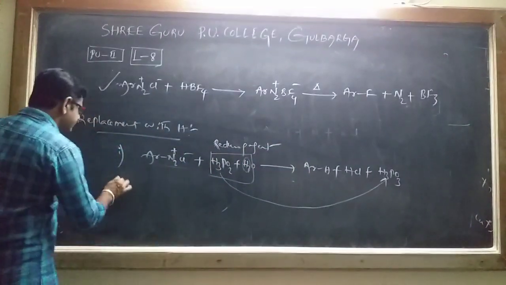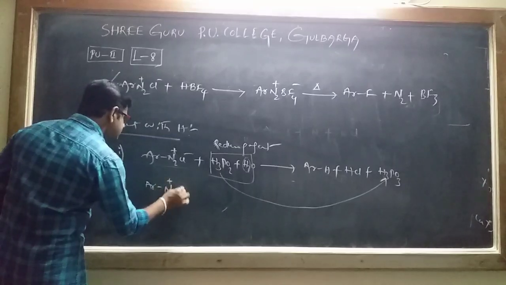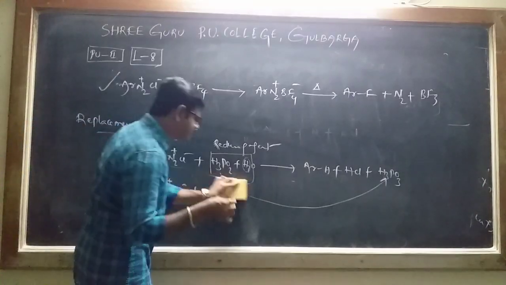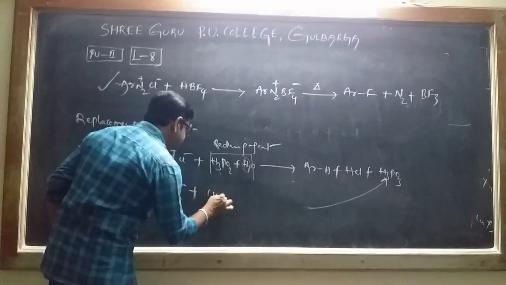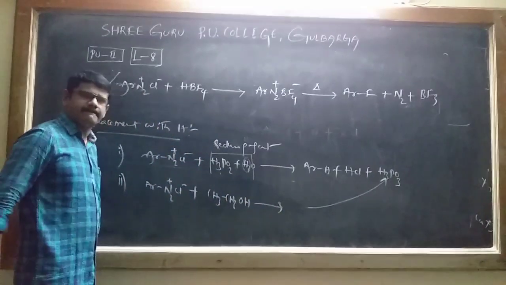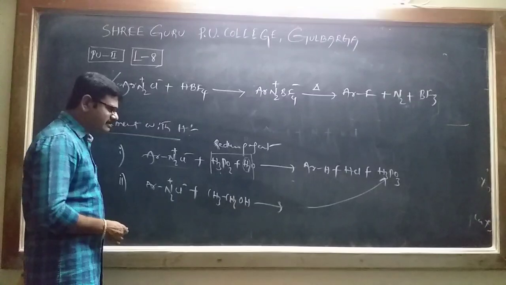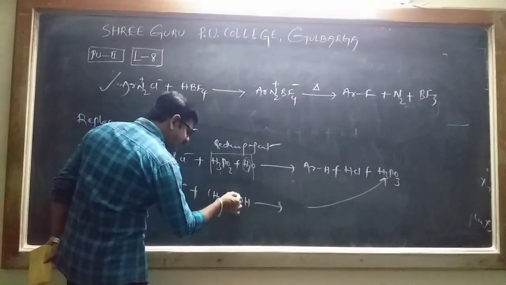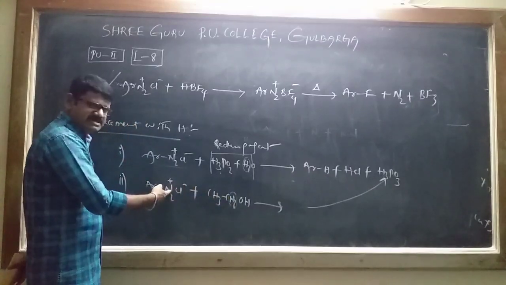One more reaction is there. Same ArN2+ Cl−. We are using one more reagent, CH3CH2OH, ethanol or ethyl alcohol. It is also a mild reducing agent. Here also just remember the trick. Out of two hydrogens, one hydrogen will substitute here.